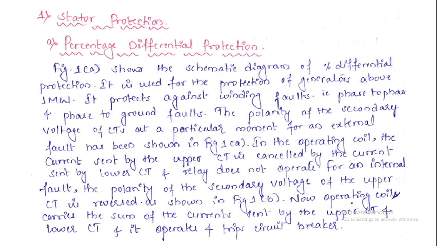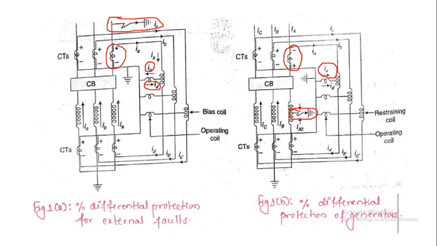When the sum of these two currents flows through the operating coil, the relay coil gets energized and the relay gives a tripping signal to the circuit breaker. So this is the case when the fault occurs in phase A. Suppose the fault occurs in phase C, either the upper or lower CT, depending upon the location, is going to reverse the polarity.